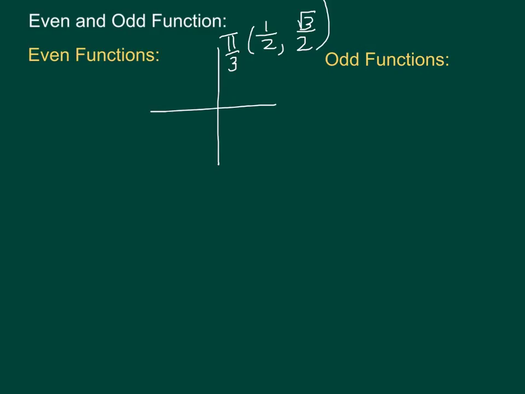And if I went to negative pi over 3, that'll put me in quadrant 4. In this quadrant, we know that the x is positive and the y value is negative. If you notice, cosine value did not change. That's why it's called an even function.